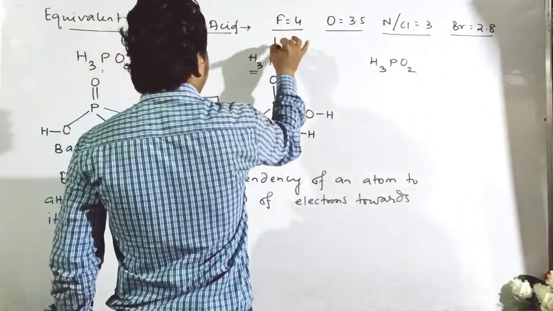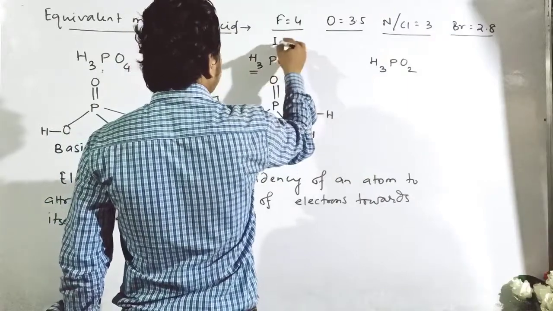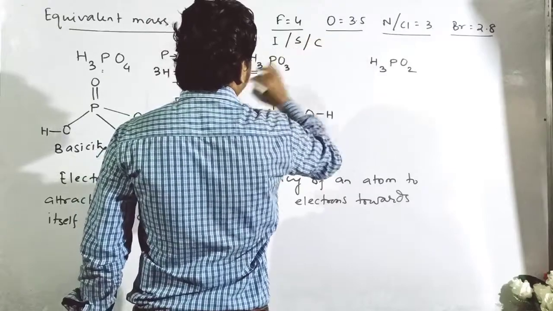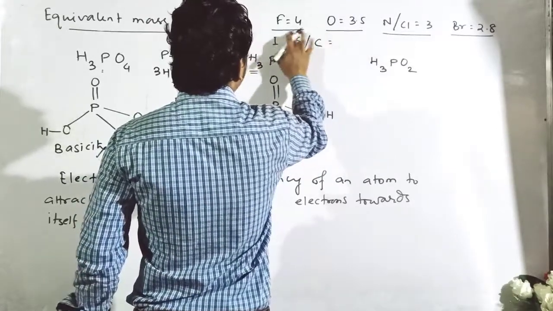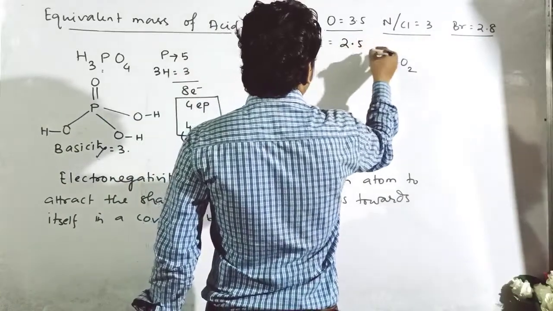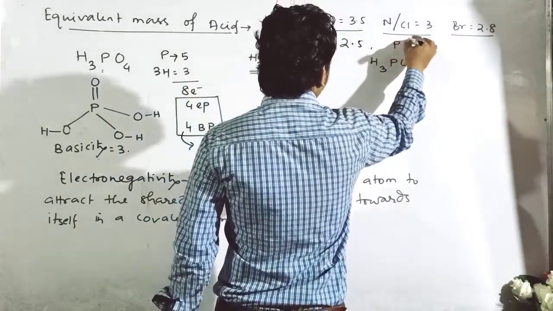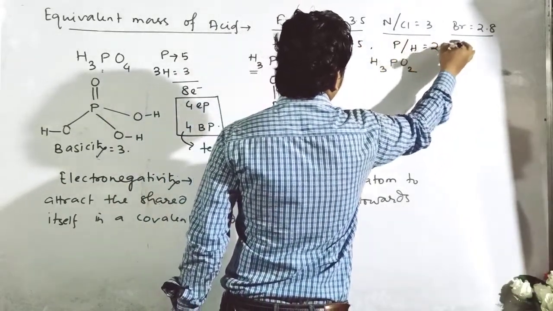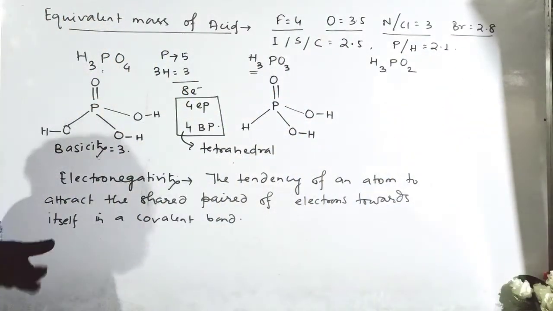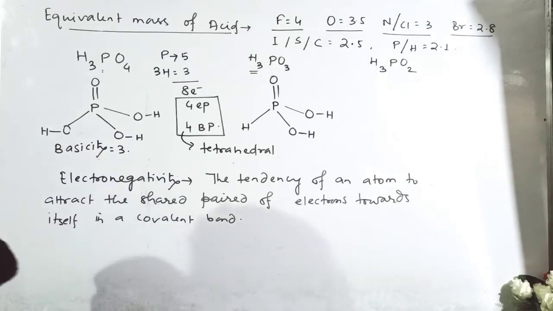Then iodine, sulfur, carbon have the value 2.5. Then phosphorus and hydrogen have the value 2.1.